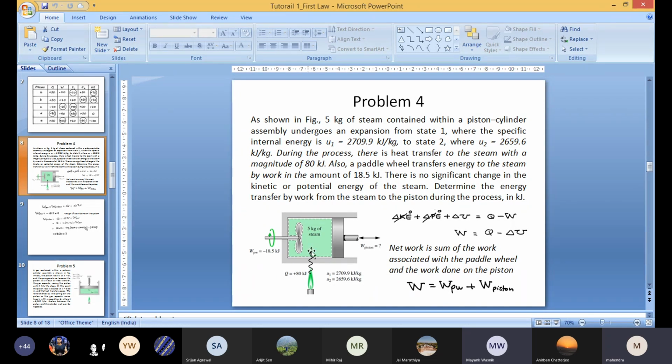Because of this process, the piston may be moving out. That work may be very much. Simultaneously, that is work output, work done by the system. It would obviously be positive. And this is work upon the system. It is negative. When you sum up these two, the net work, what it is showing, that we are going to see here.